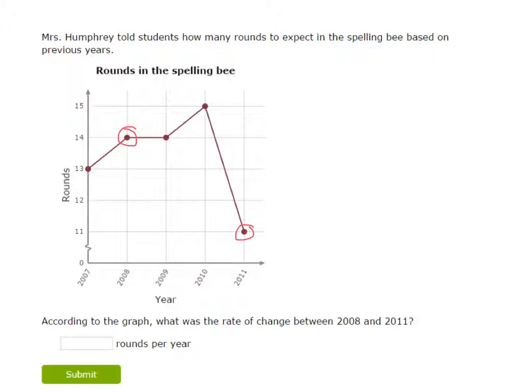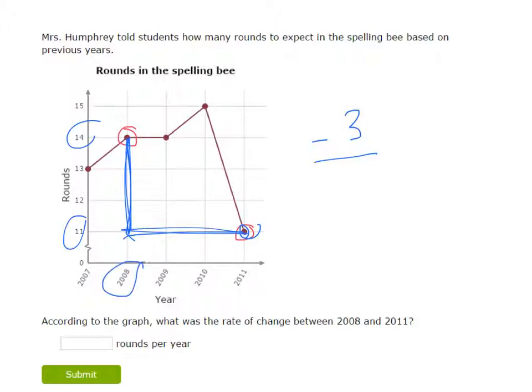So I change from here down to that point, right, because that's where it is from 14 to 11, so it'd be negative 3. You'll deal with more negative slopes next year, but it's good to introduce them now. And then how far are we going left and right? We also have 3 here from 2008 to 2011. So negative 3 divided by 3 will give you negative 1. So you type negative 1 in your box.